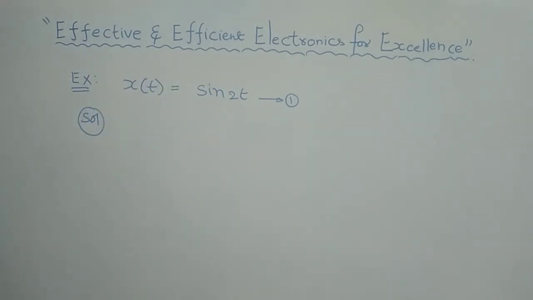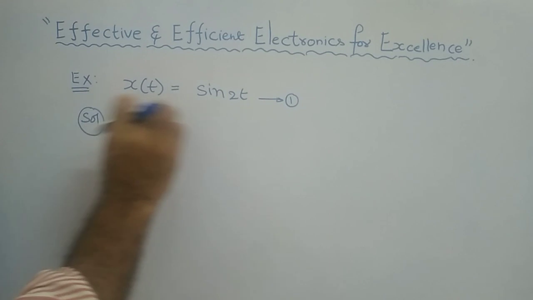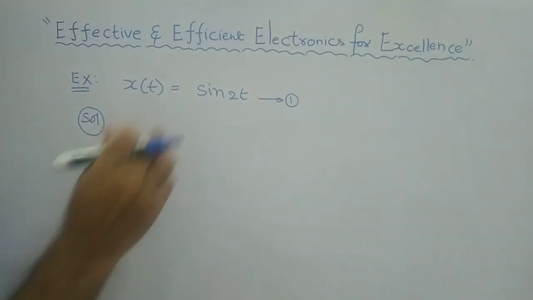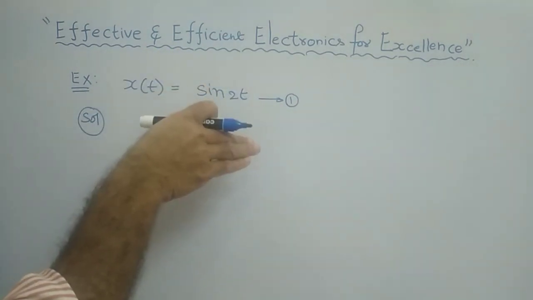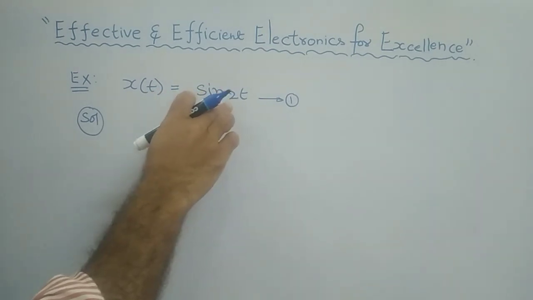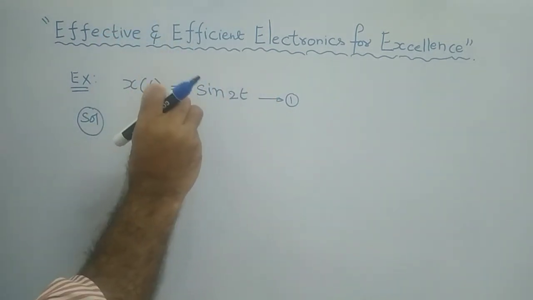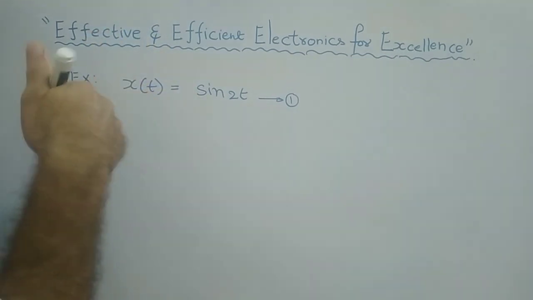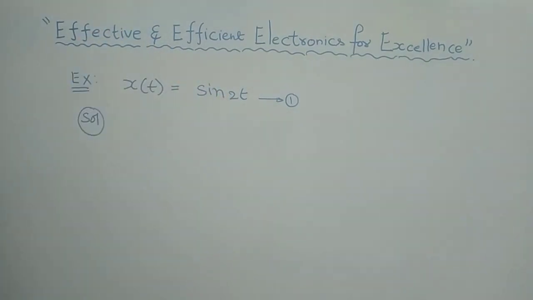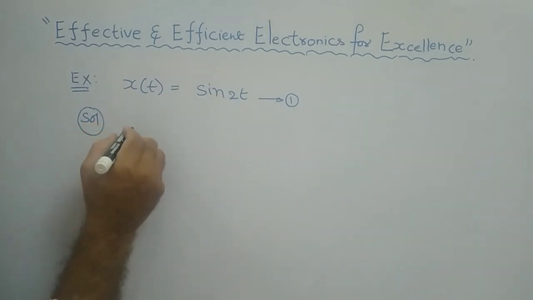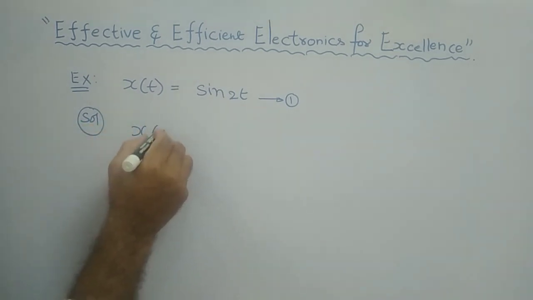So for that, what you need to do is check what the given signal is. Is it a sinusoidal signal or a cosinusoidal signal? If it is a sinusoidal signal, then the given problem must be equated to the standard form of the sinusoidal signal. What is the definition of an actual sinusoidal signal?